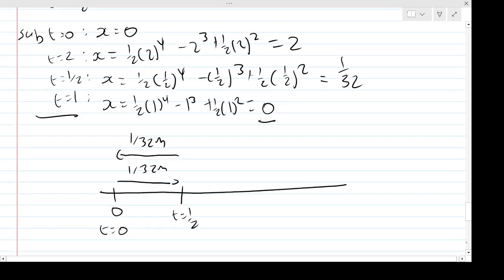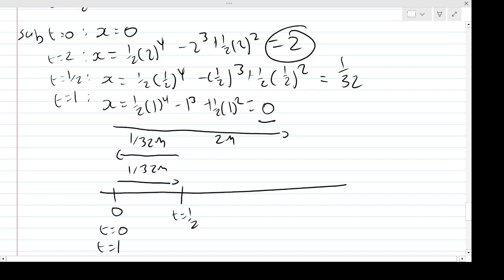Because remember, these are all displacements, not distances necessarily. And it returns back to 0 at t is 1. Then after t is 1, we go to t is 2, and then it goes 2 meters forward. So then it goes forward by 2 meters at the point t is 2 there.